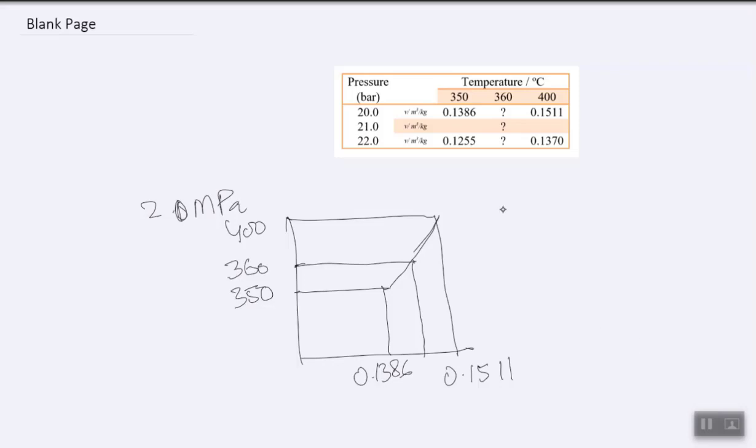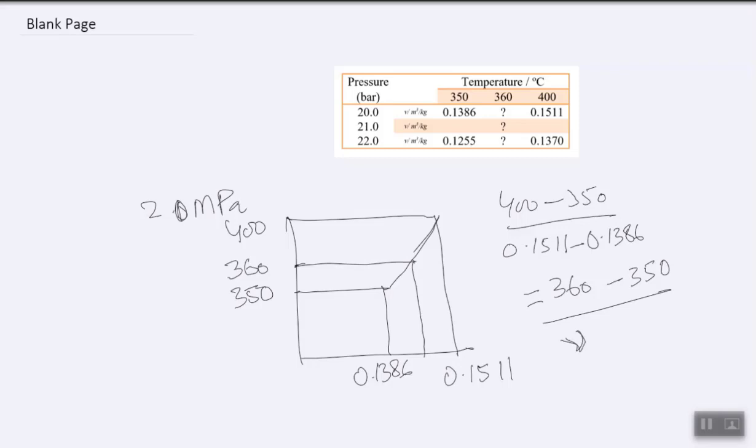So 400 minus 350 divided by 0.1511 minus 0.1386 should be equal to 360 minus 350 divided by the volume which we need to find out minus 0.1386.